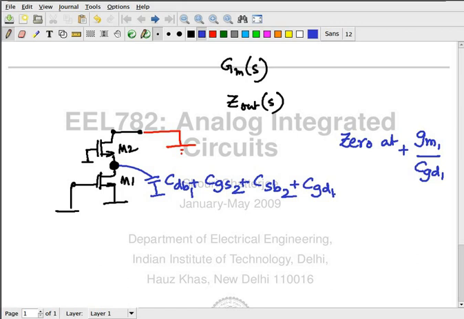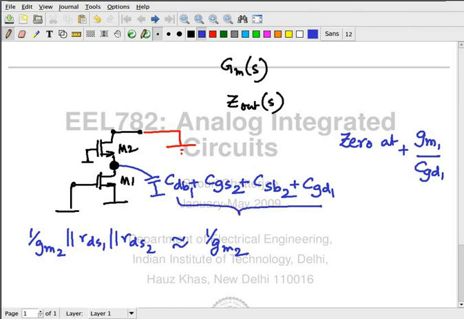It's approximately equal to 1 by GM2. Okay, this is the resistance that you see, and the capacitance that you see is this, which means that the pole is going to be at minus 1 by RC.